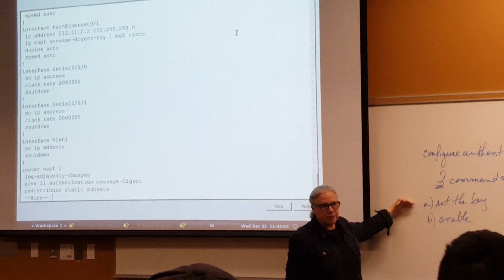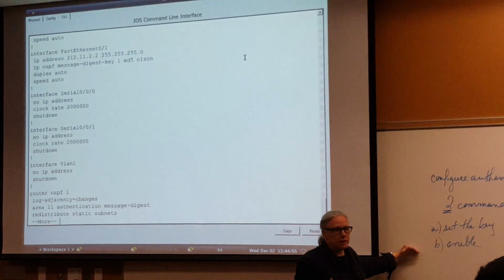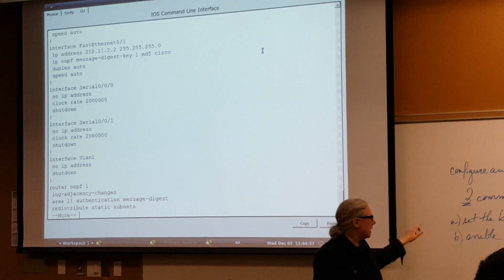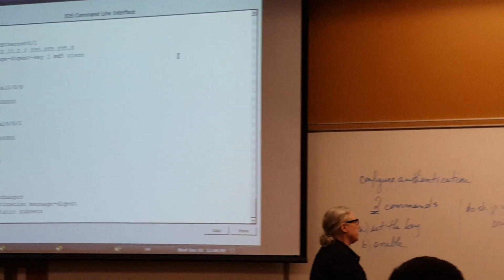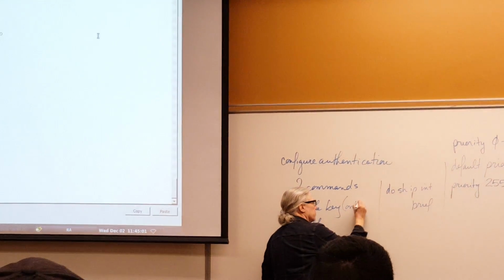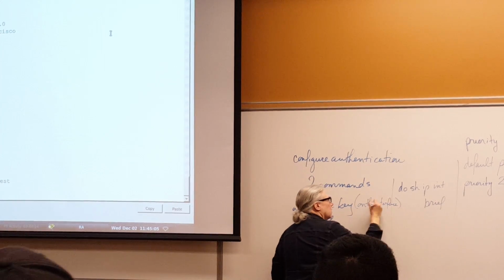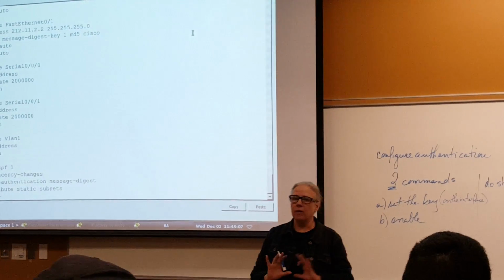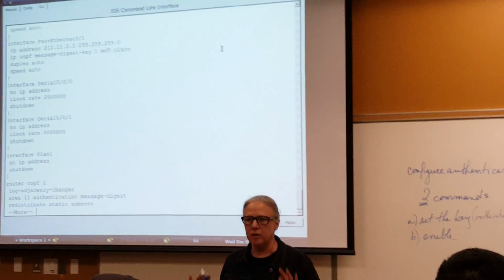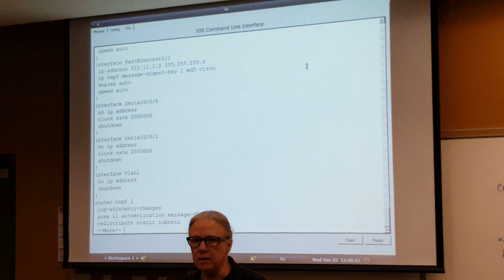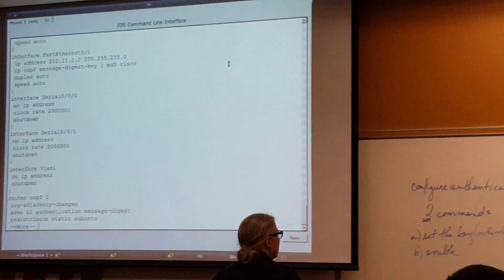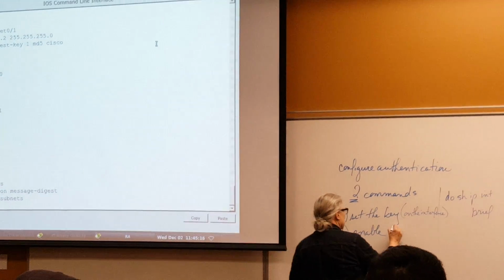Number one, you had to set the key, and number two, you had to enable authentication. Setting the key always must be done on the interface. You have no choice. You have to set the key interface by interface. Enabling authentication can be done in one of two places.